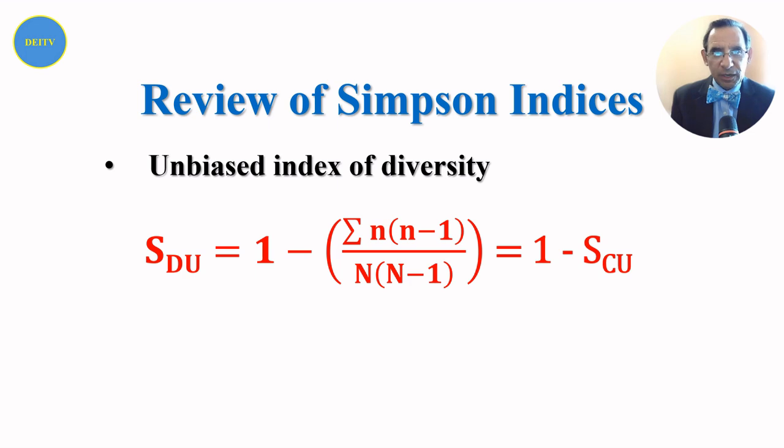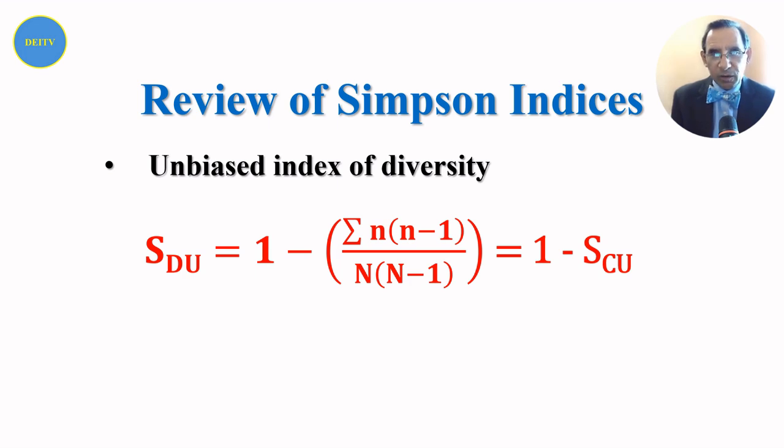There's also the unbiased Simpson diversity index. That's represented in this slide. And the unbiased Simpson concentration or similarity index is represented by the parentheses. So that's going to be the sum of the frequency of the number of individuals in category 1 through the last category times the number of individuals in that category minus 1.